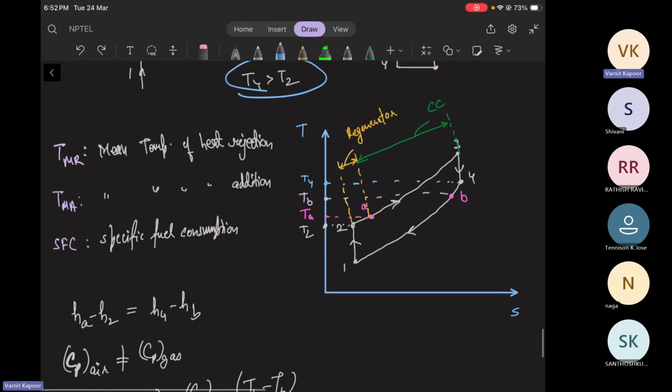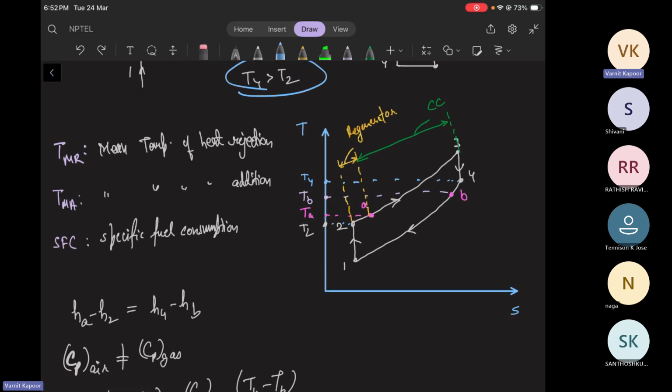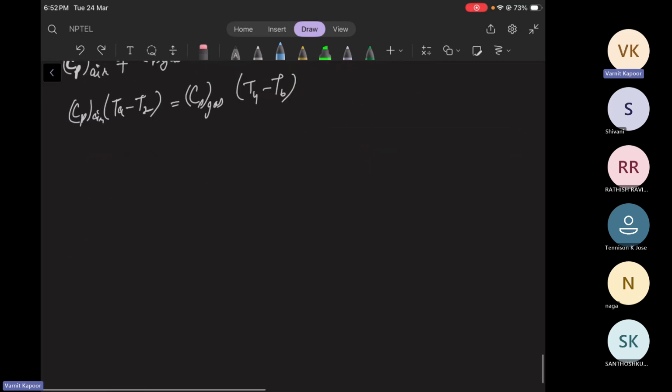So if the cycle didn't have regeneration, it would have gone directly 1, 2, 3, 4, 1. That would have been the process. But now the regeneration has been added, so it goes from 1 to 2, 2 to A, A to 3, 3 to 4, 4 to B, and B to 1. So let me write a comparison table. That is 1, 2, 3, 4, 1, which is without regeneration.